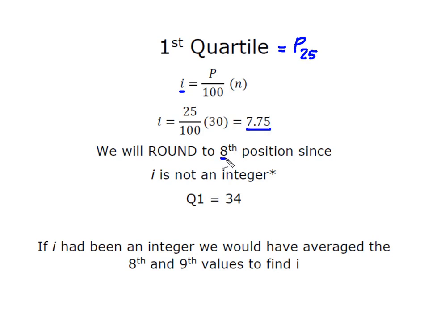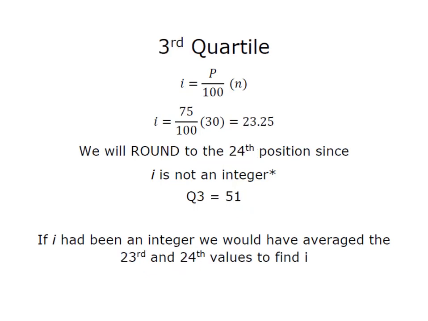I'm going to round to the 8th position because i is not an integer, or whole number, and now I know that Q1 is 34. Remember, if i had been an integer, i.e. a whole number, then I would have averaged my 8th and 9th values.